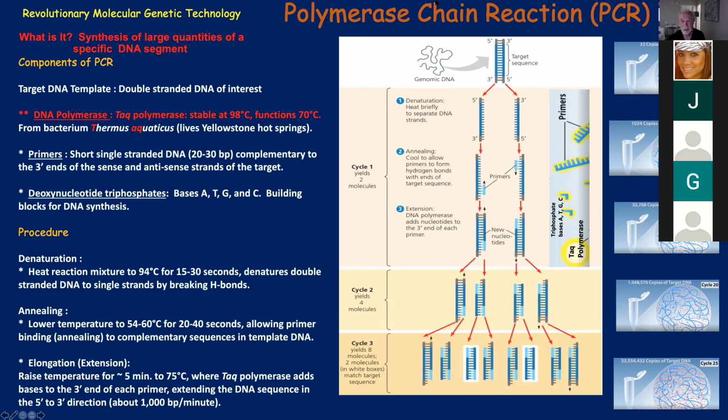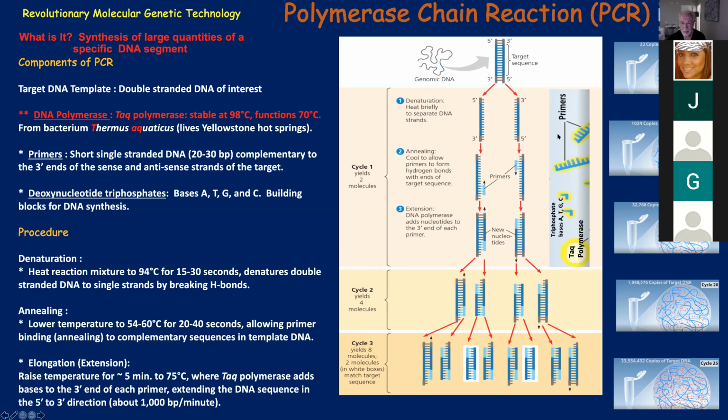Okay, PCR. On the center and right-hand side here, it shows you how PCR is done. So you start at the top with a target sequence. So this is DNA. It could be a piece of DNA in the genome. It could be a clone that you want to make a lot of. So what do you do?